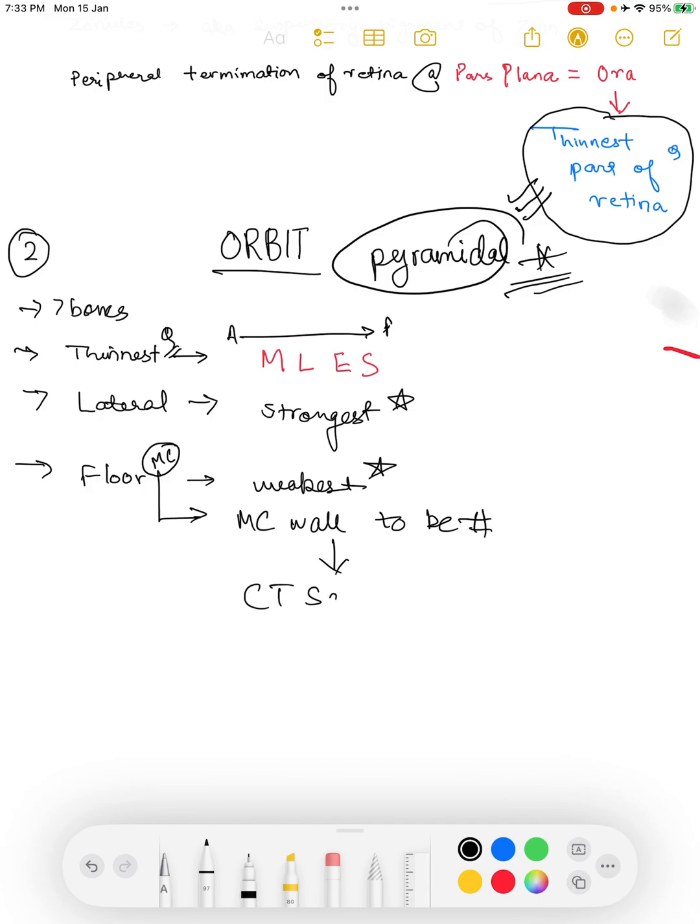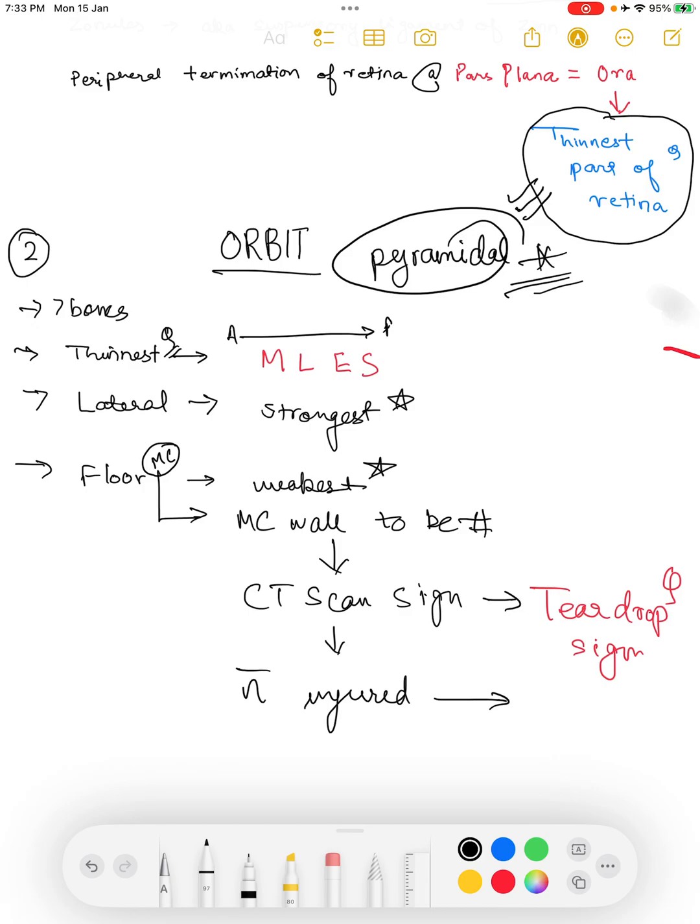CT scan sign. A frequently asked question. Teardrop sign. Nerve injured.